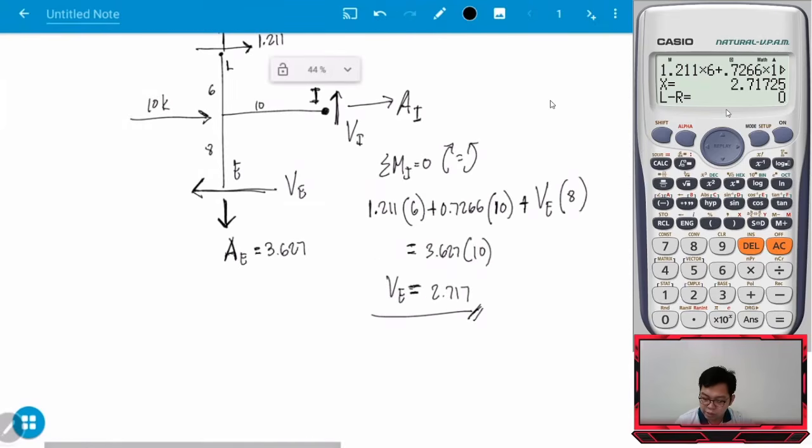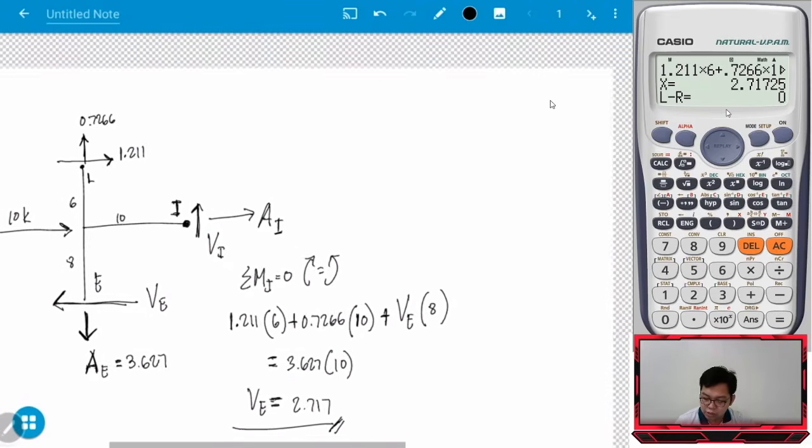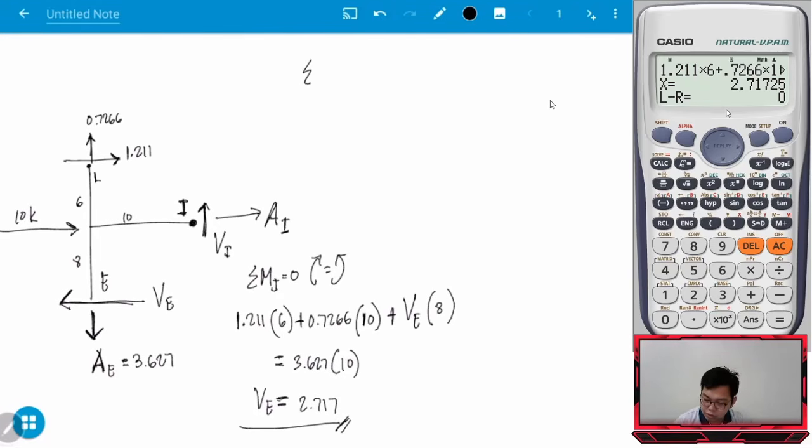Now, after nyan, you can actually solve yung VI ninyo at axial I. Okay? So, anyway, sum up ako ng forces vertical, guys, equal to 0. So, summation of forces vertical is equal to 0. Upward is equals downward. So, ang upward forces ko, I have 0.7266. Ano pa?